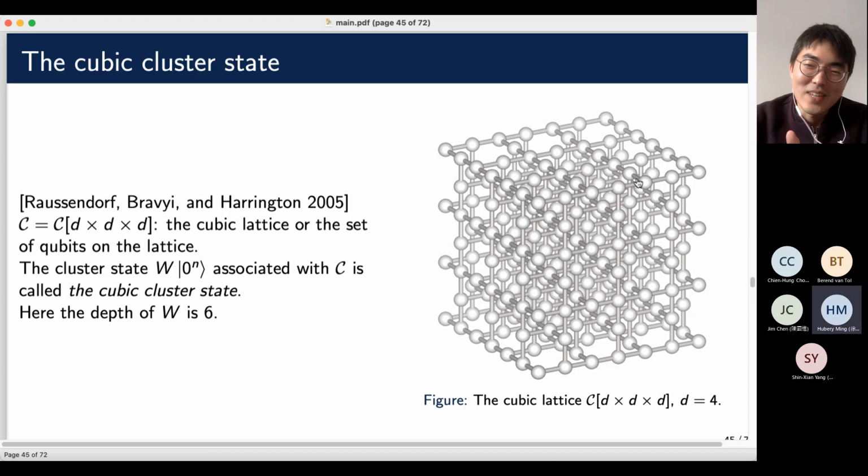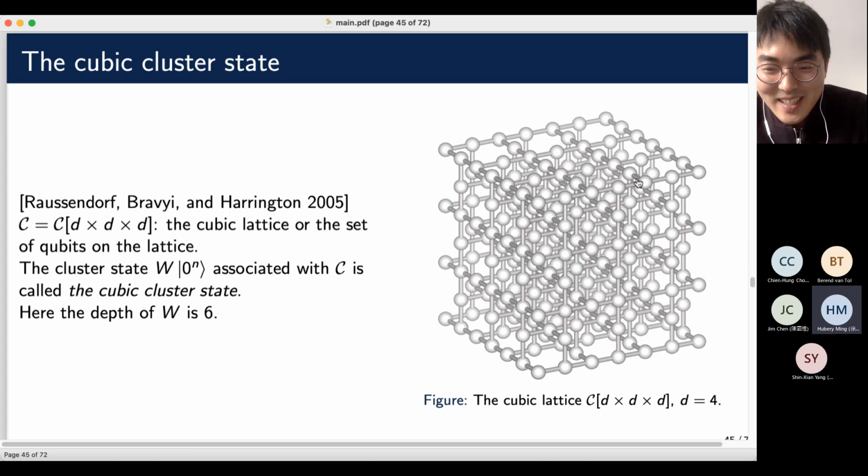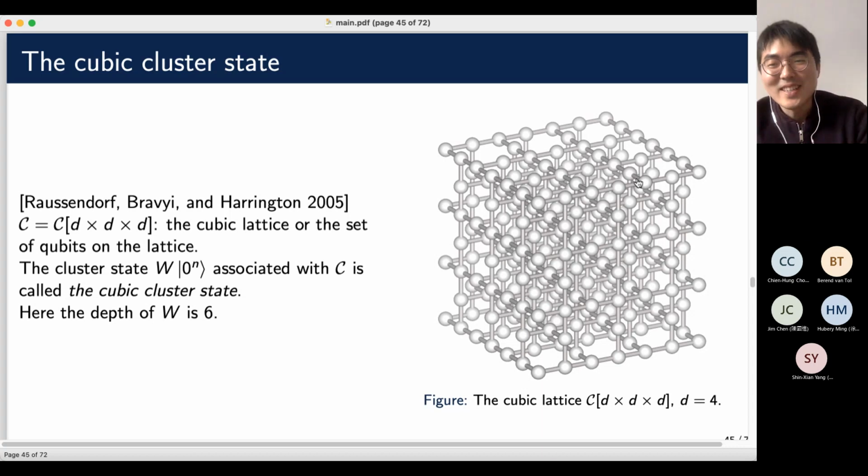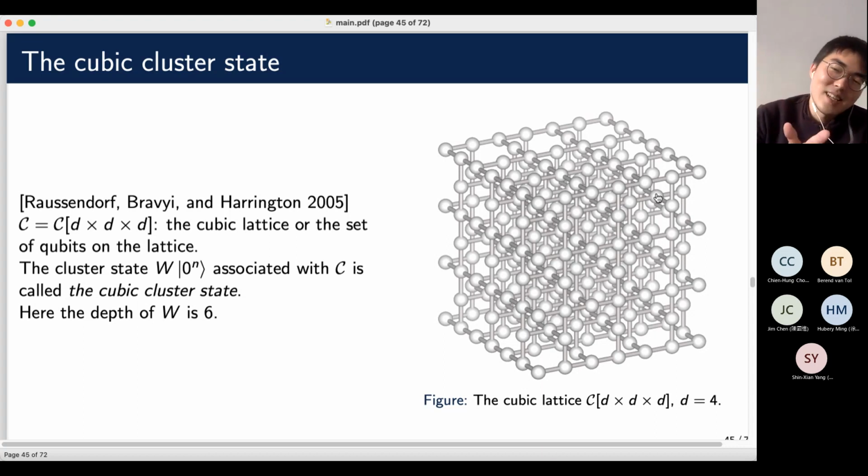The process is you measure out all the qubits except for the qubits on the sides.